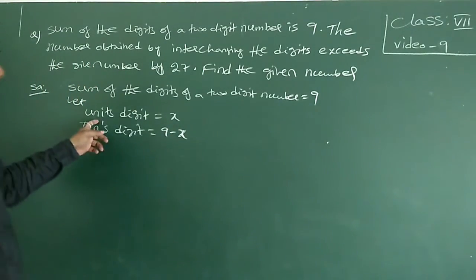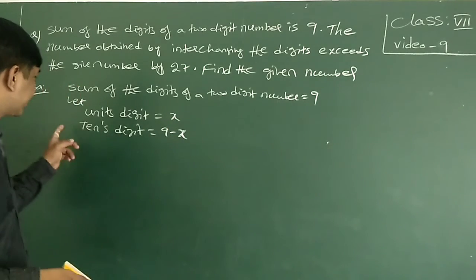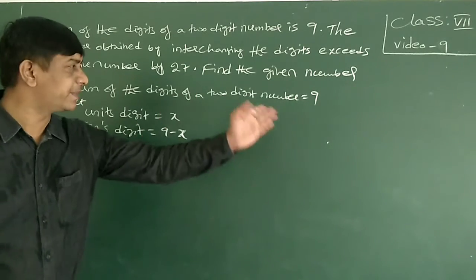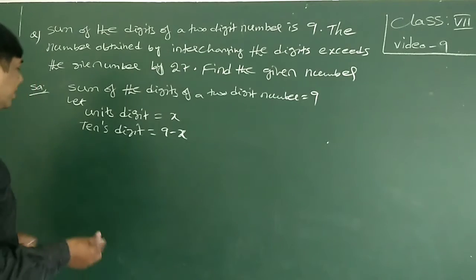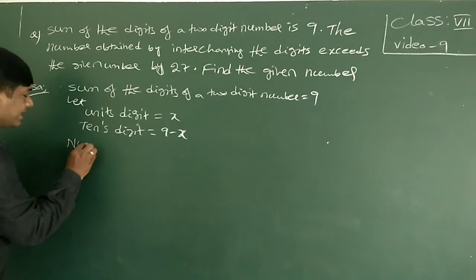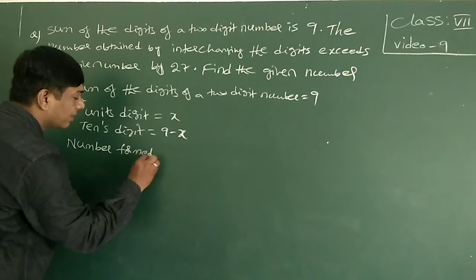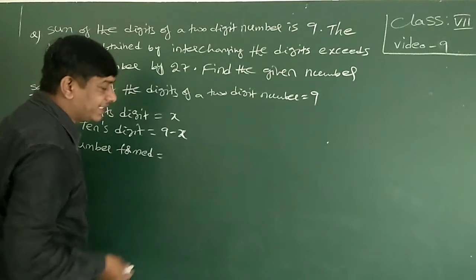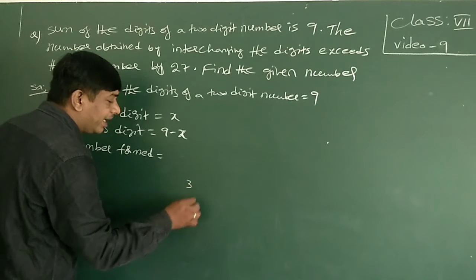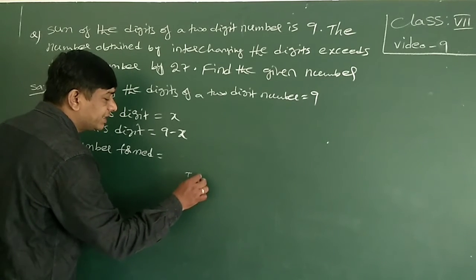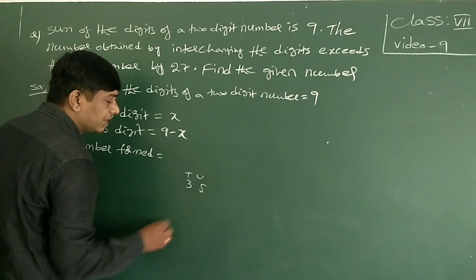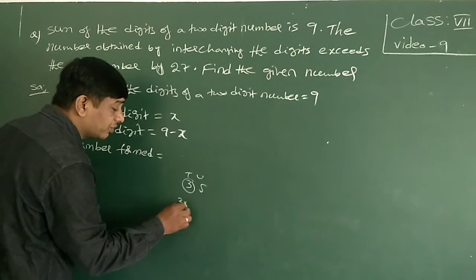Units digit is x and tens digit is 9 minus x, because the sum of the digits is given. Now the number family: suppose the tens digit is 3 and the units digit is 5, then the number is 3 into 10 plus 5.